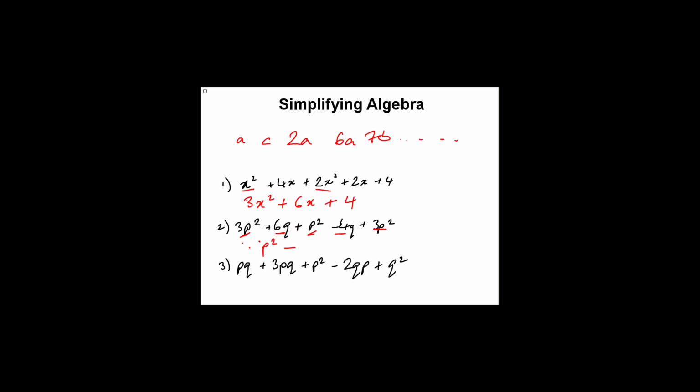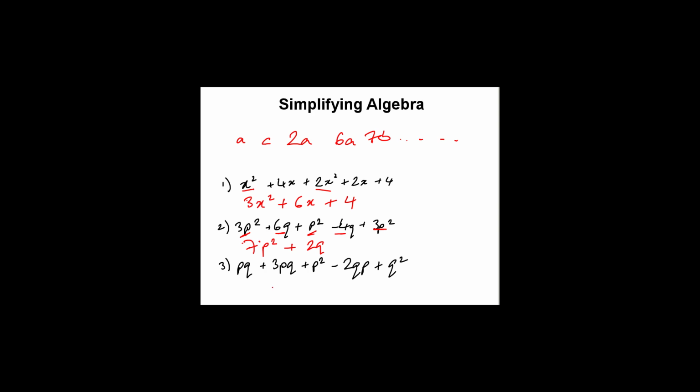Alright, so that should have been a 7. 3p squared plus a p squared, that's 4, plus another 3, that's 7p squared. 6q minus 4q is plus 2q. There you go, your teacher making a mistake today. Anyway, let's go to the next question.